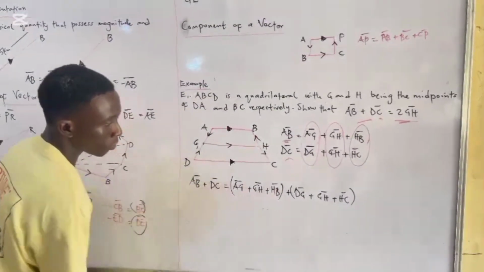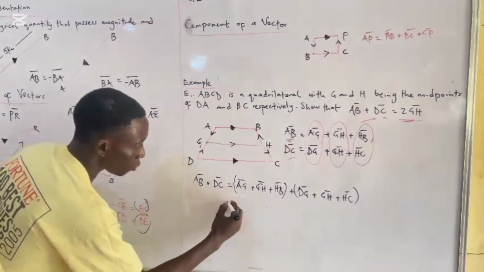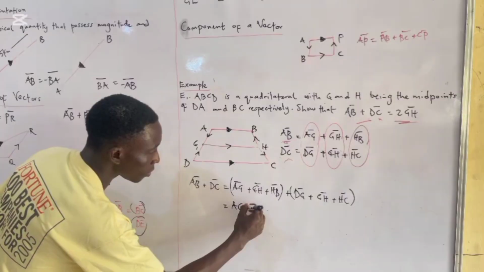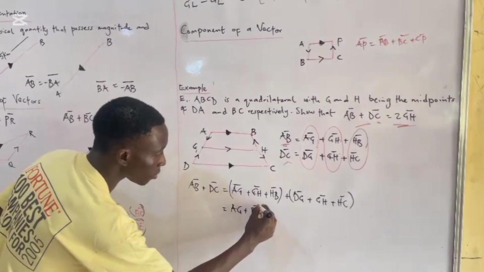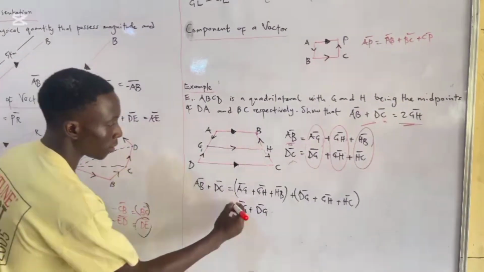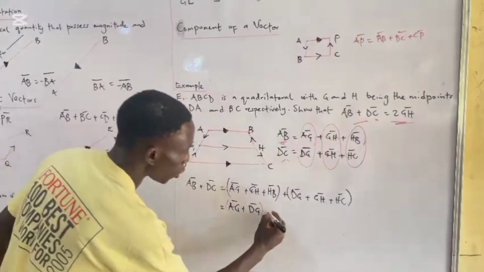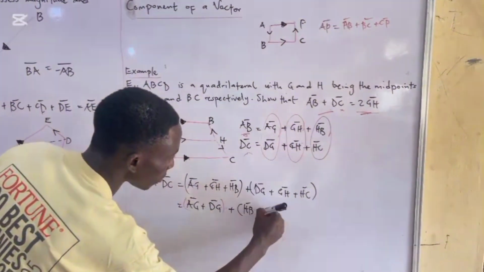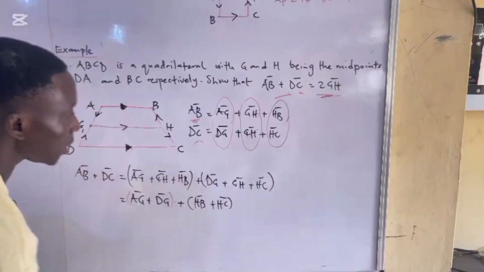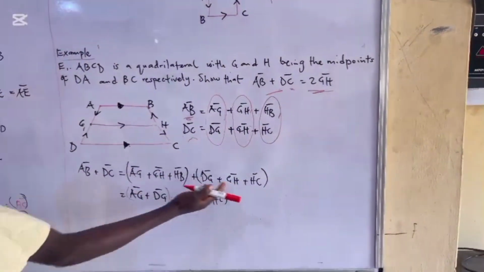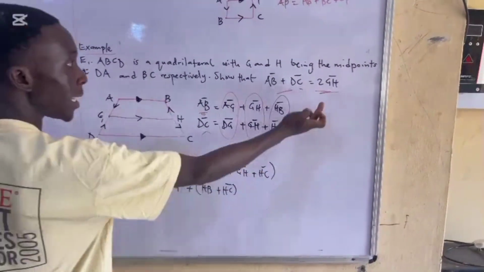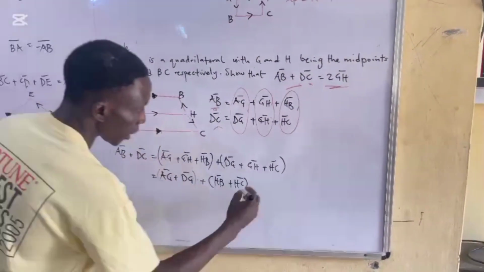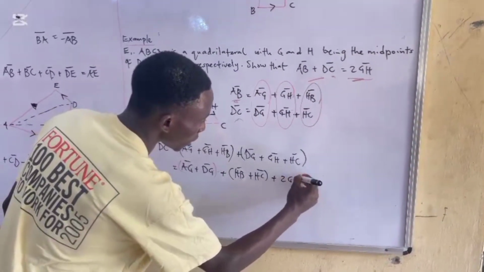So now we can pick this together. We have AG plus DG, then plus HB plus HC, then of course we have 2 GH here. GH plus GH will give us 2 GH. We are getting closer to our result. So we have plus 2 vector GH.